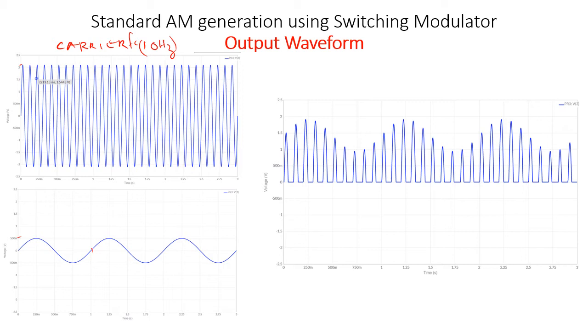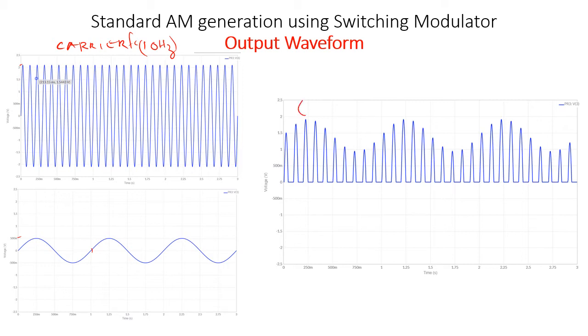So you can see it has only positive amplitude part, and you can see the envelope is varying in accordance with our M of t. So this in fact is M of t plus C of t minus the drop across the diode.